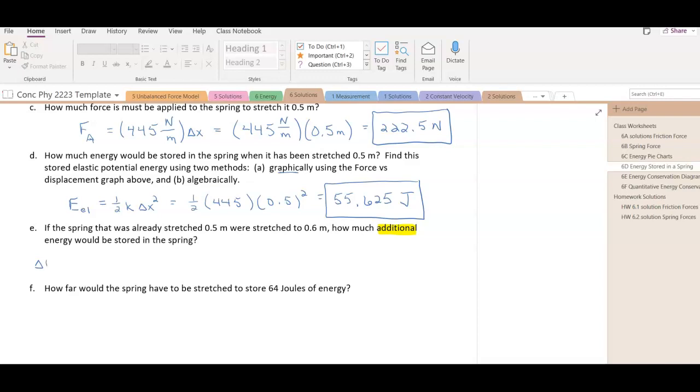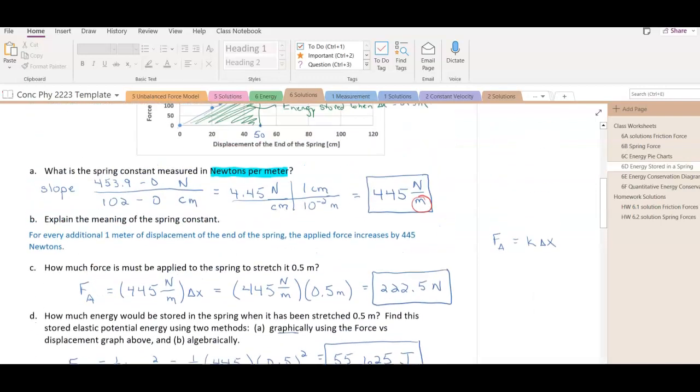So I'm looking for the change in that elastic potential energy. It would be the energy stored at 0.6 meters of stretch minus the energy stored at half a meter of stretch. Let's go look at the graph again.